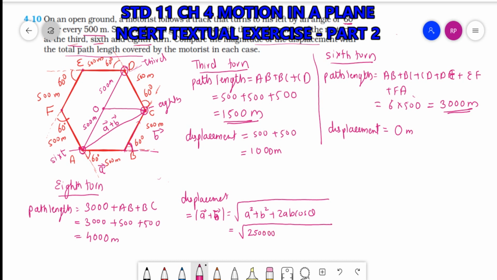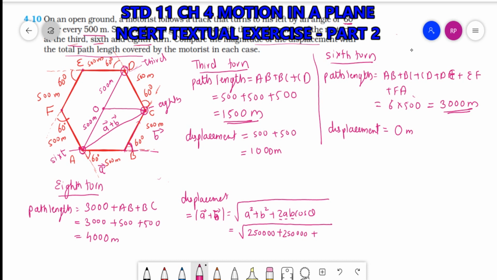So it will be 250000, plus B square. See the magnitude, the magnitude of B is also 500. So it will be again 500 square, plus 2 into A into B. A is 500, B is 500, into 2.